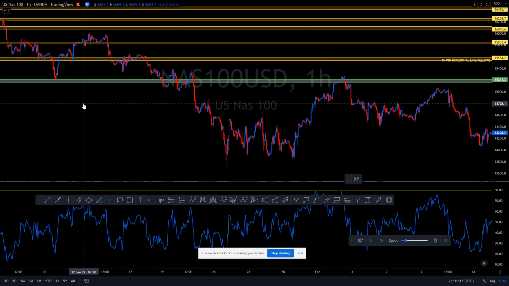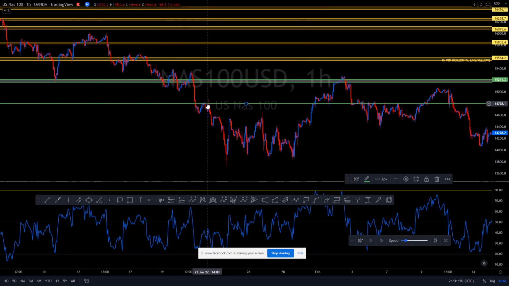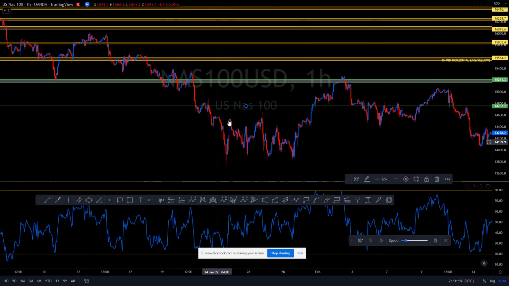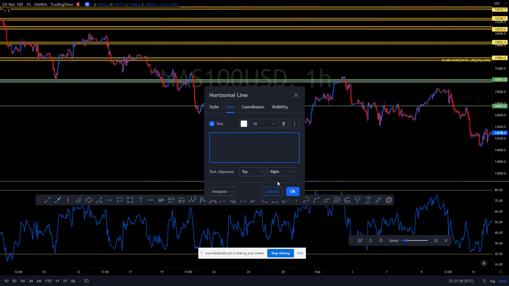So there's some good liquidity here. Price bounced off of this and went down heavily, so you kind of see that down here. I'm going to change this to red.